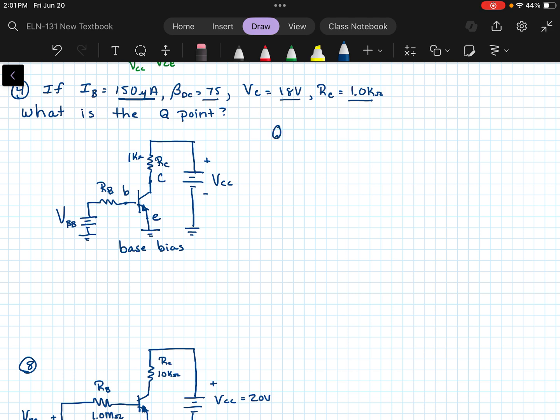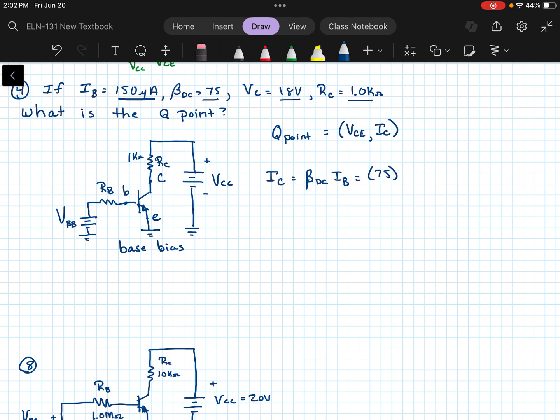Okay, so remember, the Q point is defined as your VCE and your collector current. So the first thing is, we know that the collector current is the beta times IB, and we were given both of those.